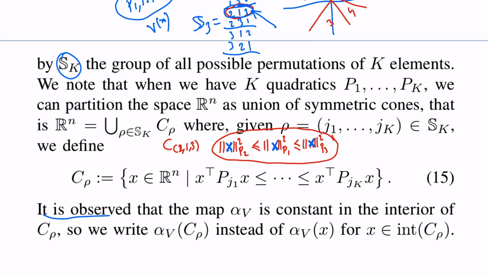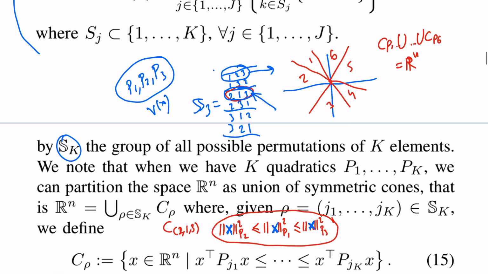Additionally, it is observed that the map alpha v is constant in the interior of C rho, which kind of makes sense.